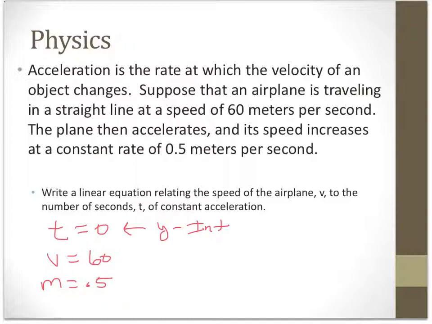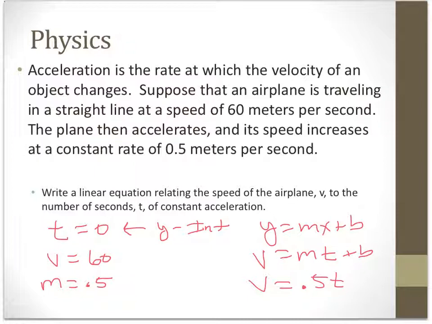And we have an equation, which is y is equal to mx plus b, where m is our slope and b is our y-intercept, but really we're dealing with velocity is equal to a constant rate times time plus the starting speed. So my velocity is equal to 0.5t plus 60. There's my equation.